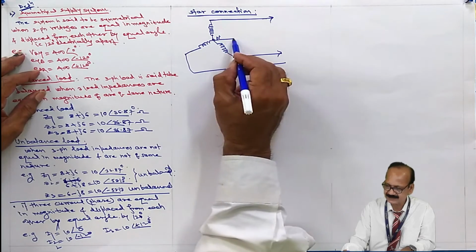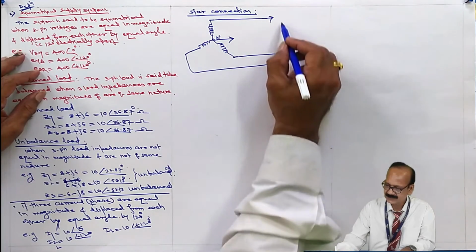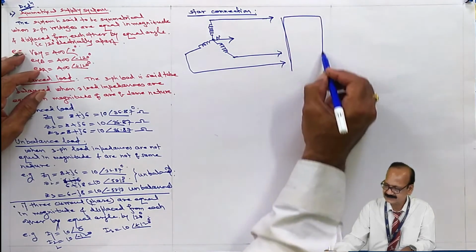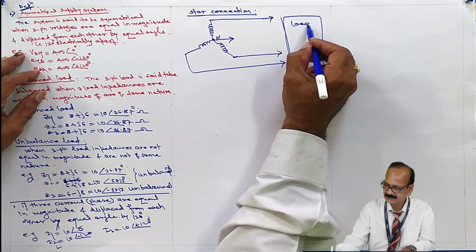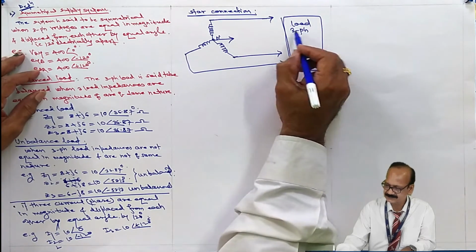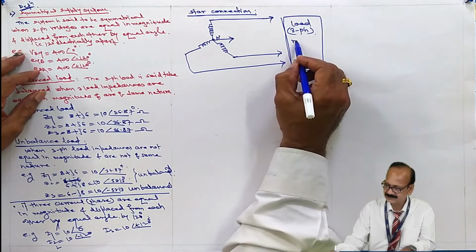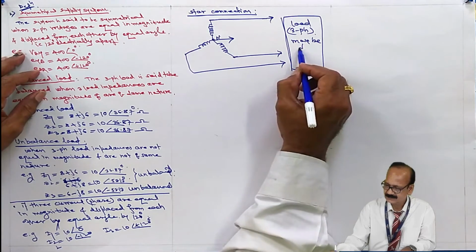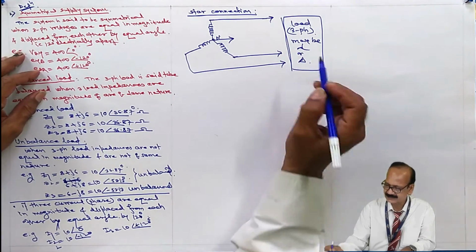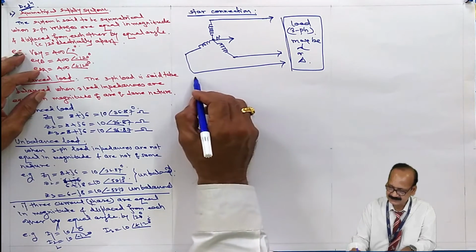This is neutral and there is this one also, and it goes to the load. Say this is the load. Over here this is the three-phase load, may be star or delta connected, and this is the supply system.